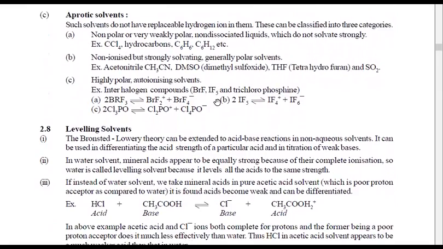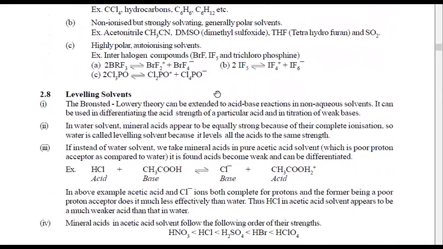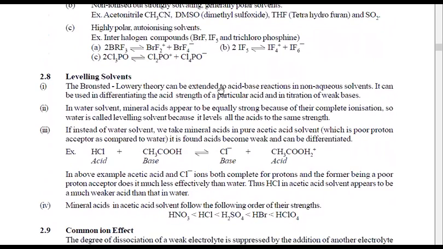So there are some solvents. Just see this, we have leveling solvent. What is the meaning of leveling solvent? Now think about this. When we talk about 10 to the power minus 8 molar HCl, how many of you remember this question?